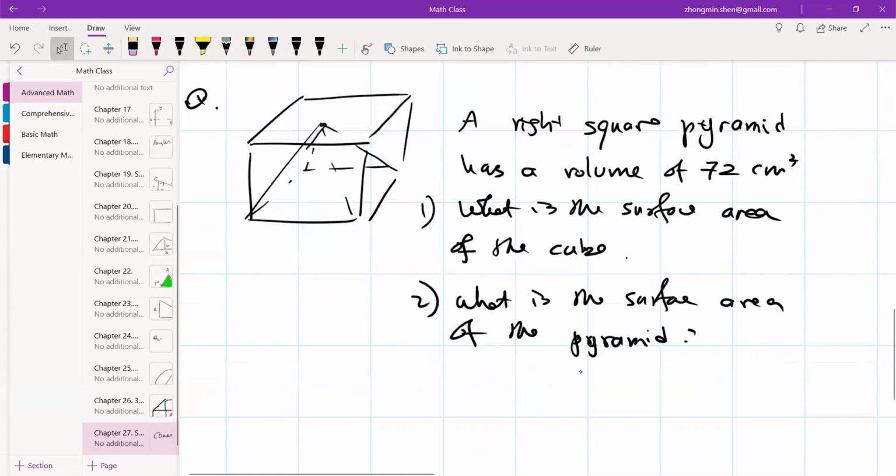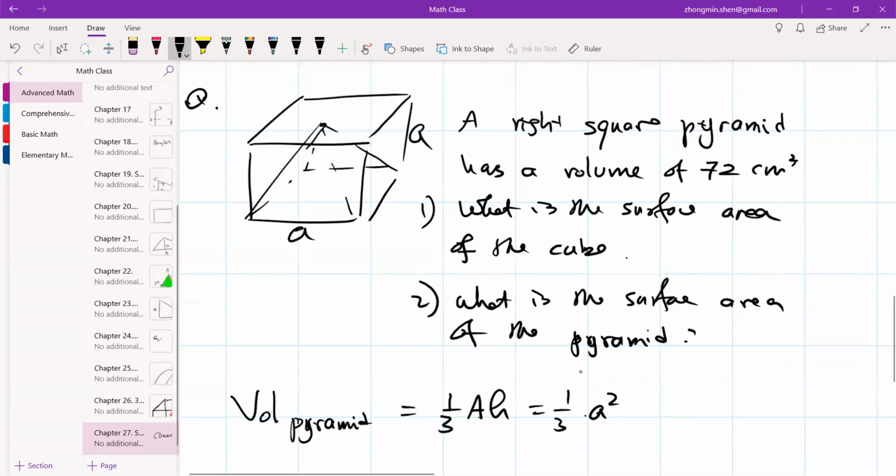Remember how to find the volume of the pyramid: it's 1/3 times area times height. If the edge length is A, the area is A squared and the height is A, so 1/3 of a cube is 72.